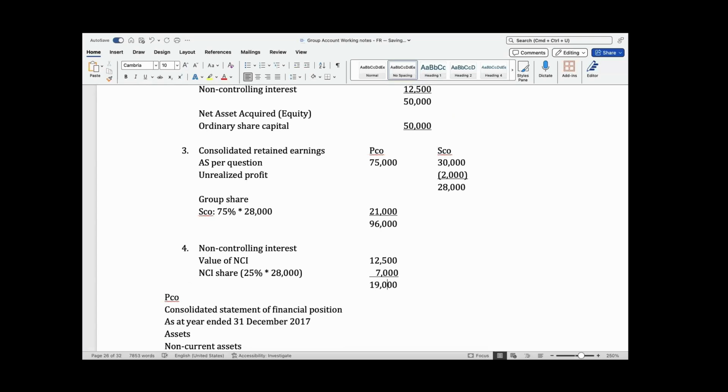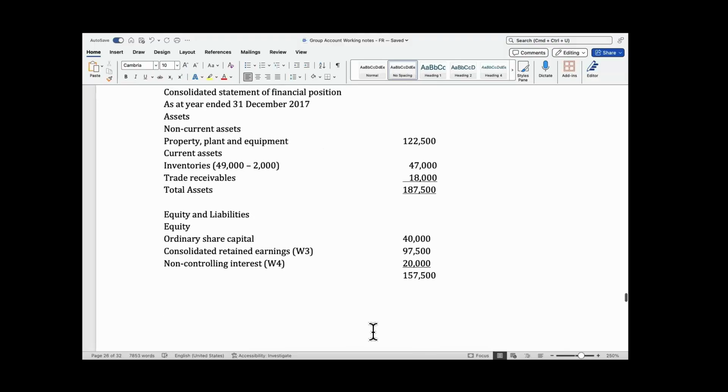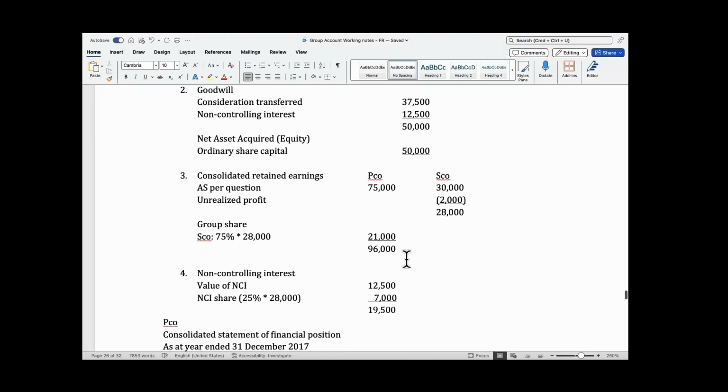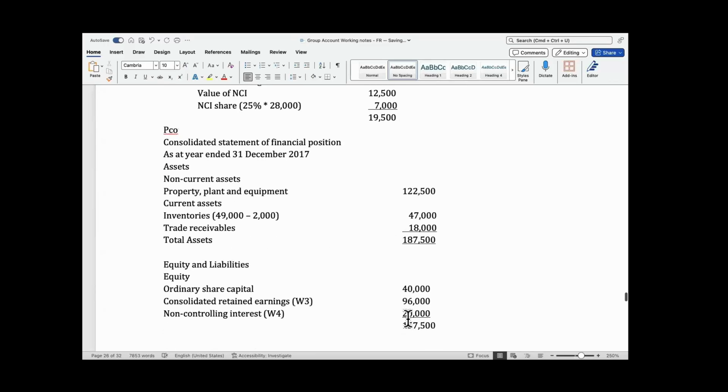This is 19,500. So this retained earnings will change to 96,000, while this one will change to 19,500. It should give us the same answer.